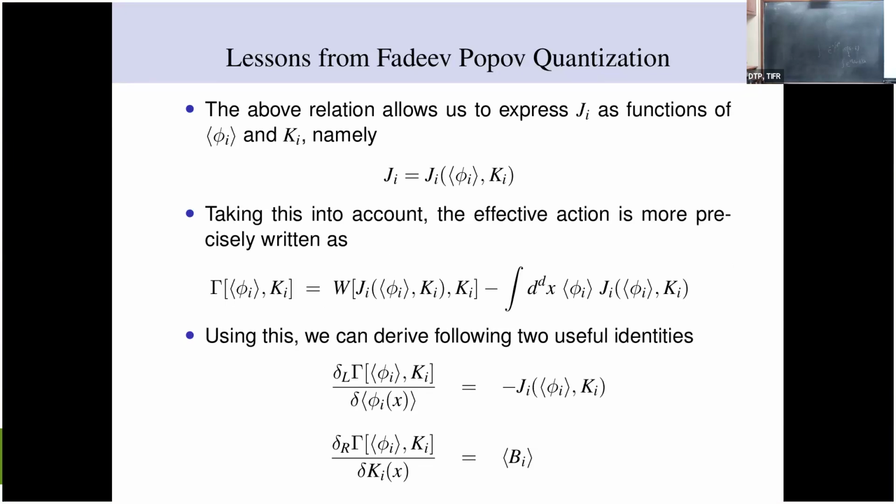Taking this into account, the effective action will more precisely be written in this form, where now you have to include K_i. Using this, you can again derive two useful identities: delta L gamma by delta phi I equals minus J_i, and delta R gamma by delta K_i equals B_i. This is a useful exercise to derive.